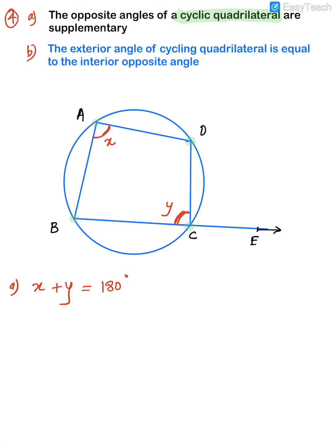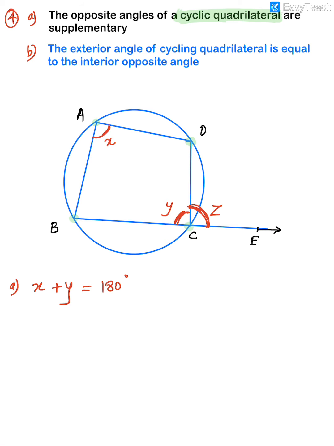Okay. Now second property. The exterior angle of a cyclic quadrilateral is equal to the interior opposite angle. See, now what does it mean? So say this is our exterior angle here. Let it be Z. The exterior angle of a cyclic quadrilateral, that is this angle, is equal to the interior opposite.